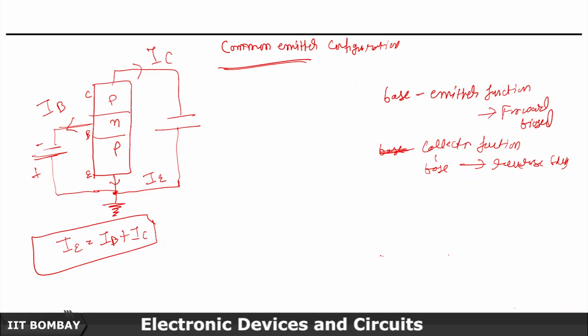Similarly, for the NPN case you can draw the common emitter configuration. Let me do that. This is the collector, this is the base, this is the emitter, which is common, and since this is forward biased, this is positive, and this has to be connected to the negative, so this has to be positive.